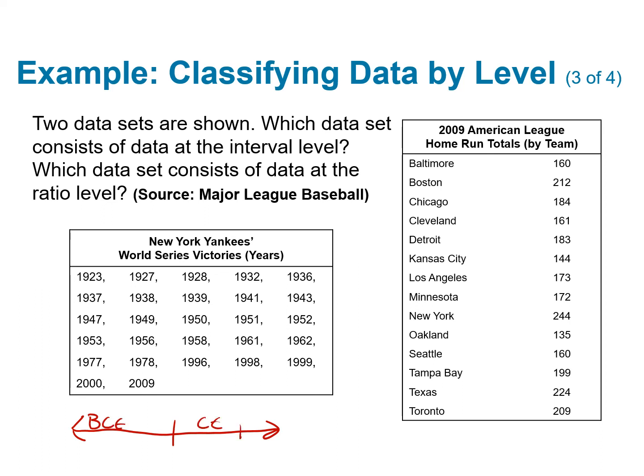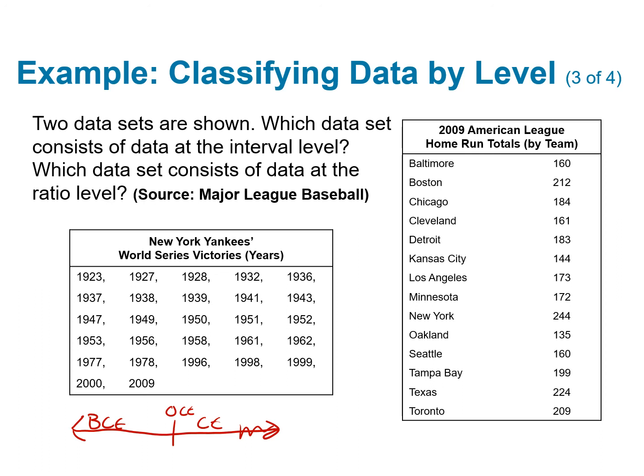Everything we're in now, we're in what we call the Common Era. And then we have the years in BCE, which are before the Common Era. So the year 0 CE, or what we used to say 0 AD, that's just essentially when we began the Common Era.